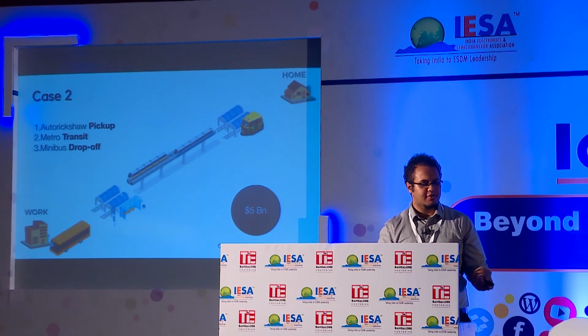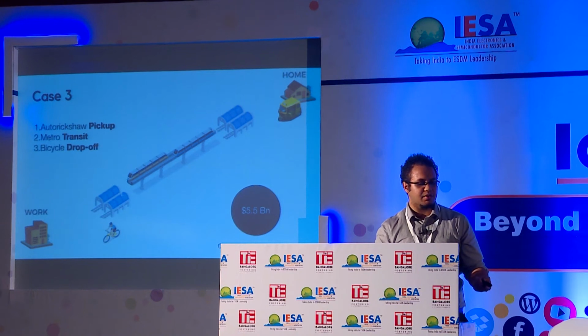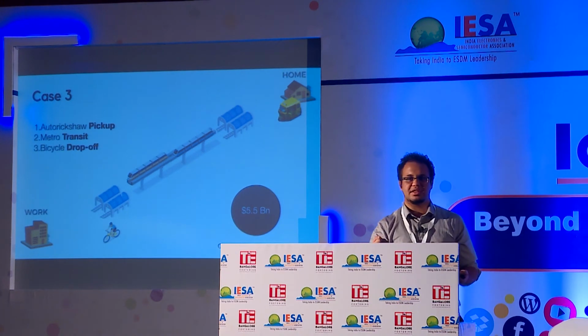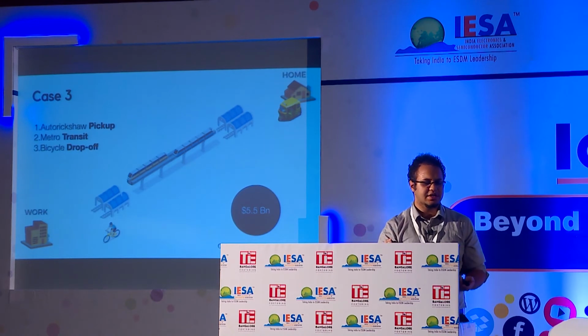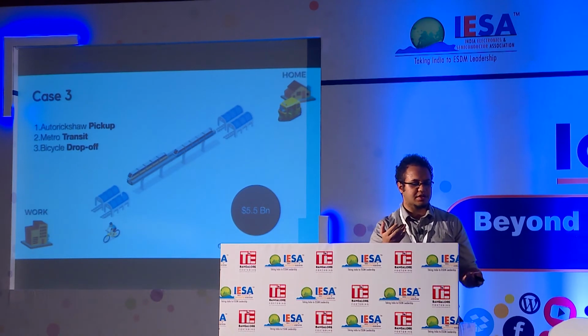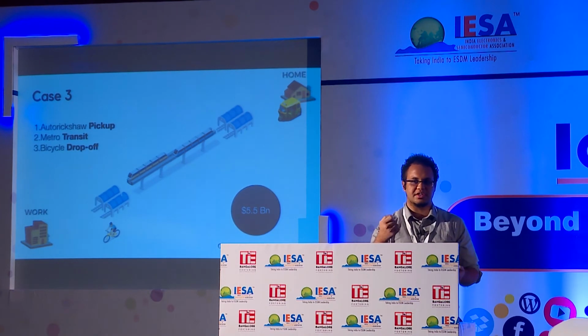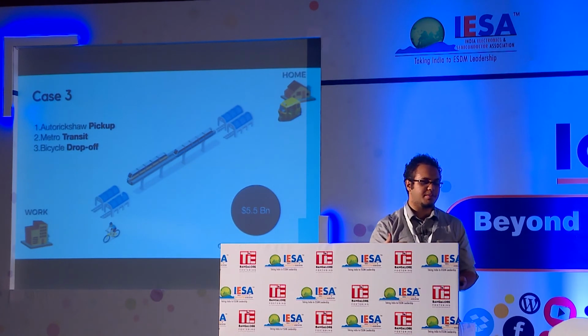And then you have case three where you might have cycles at the station. All of these are communicating via this single protocol of ultrasonic handshakes. So you have an auto which goes to the station, and then you have the transit, and then at the end station you can just tap the button near one of the cycles of the fleet, and then you can go and drop off the cycle right at your work.